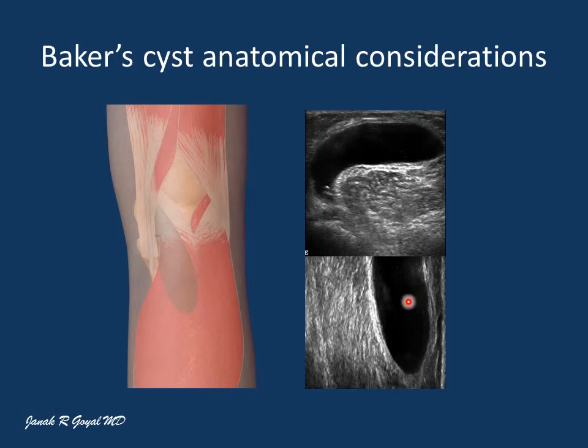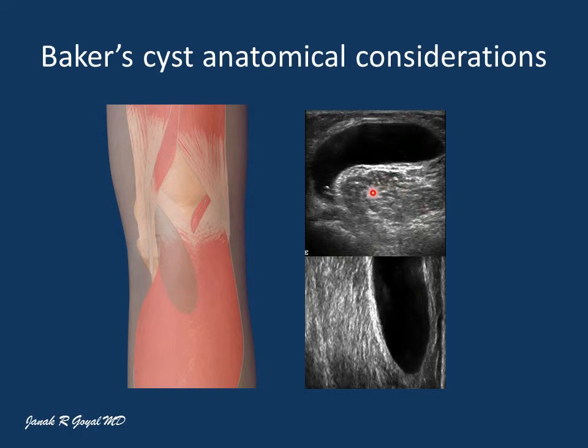Baker cyst is an enlargement of the semimembranosus gastrocnemius bursa located between the medial head of gastrocnemius and the semimembranosus tendon on the medial side of the posterior aspect of the knee. And here is your sonographic image.